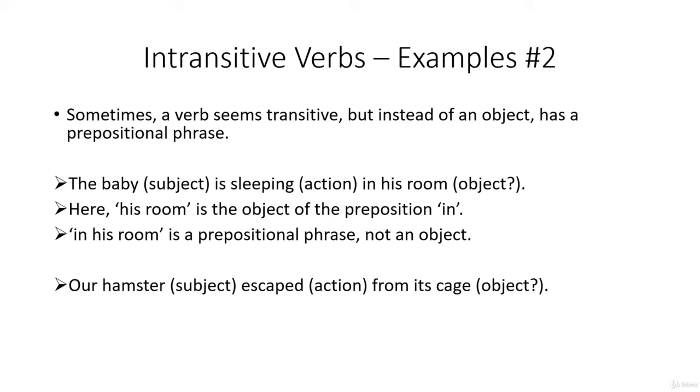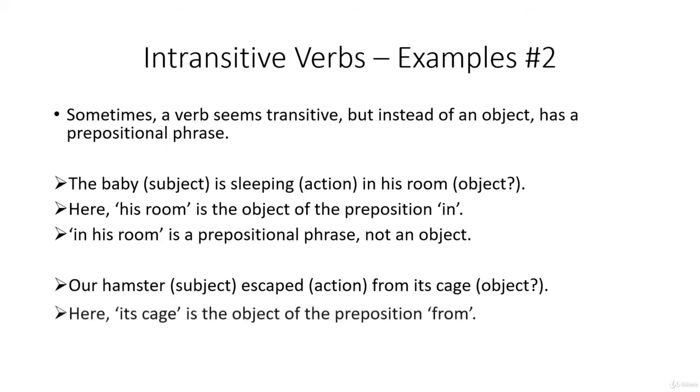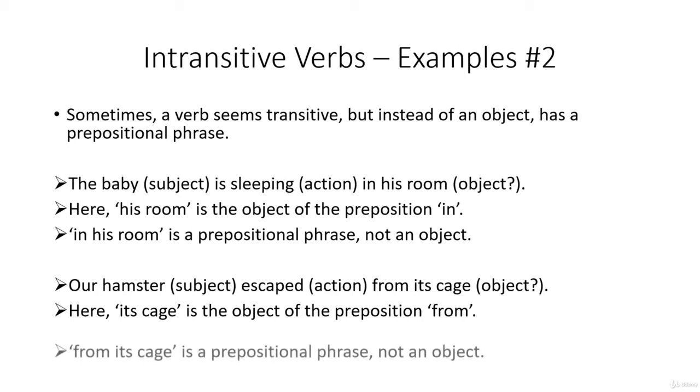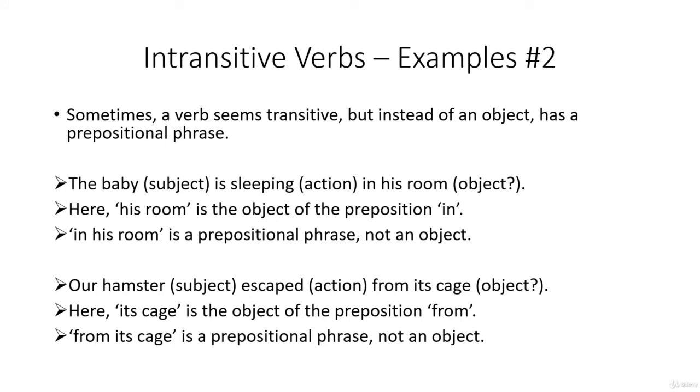Or our hamster escaped from its cage. Again, subject hamster, escaped is the action or verb, but does that make from its cage an object? No, because its cage is the object of the preposition from, and from its cage is a prepositional phrase, not an object.